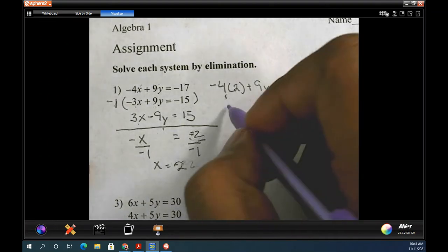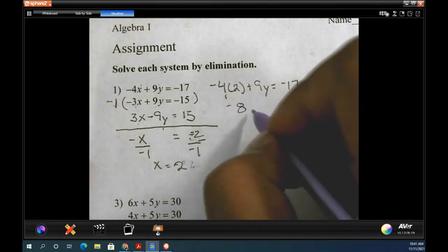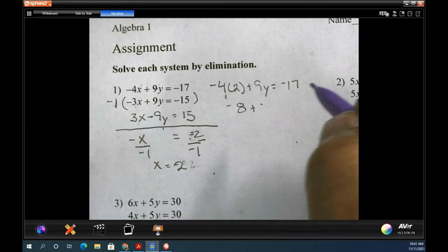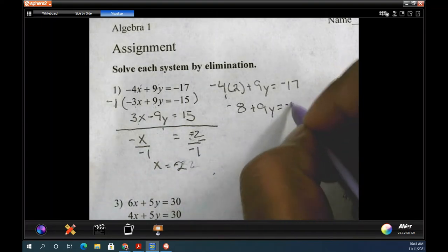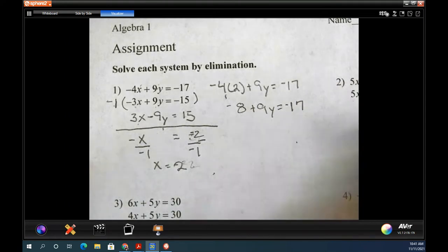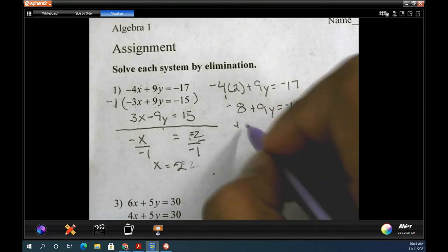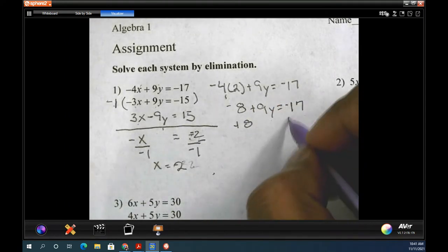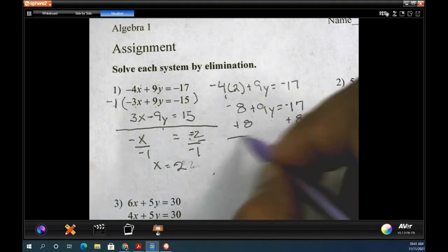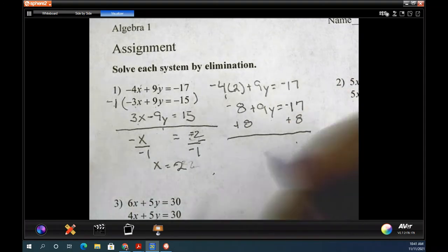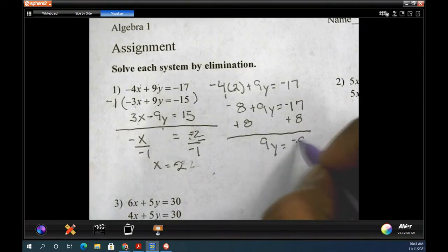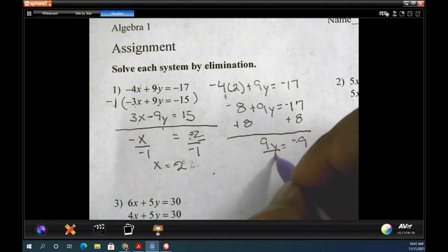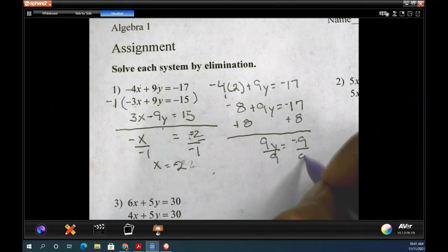So that becomes negative 8 plus 9y is equal to negative 17. So we add 8 to both sides. So that's 9y is equal to negative 9. Divide both sides by 9, y equals negative 1.